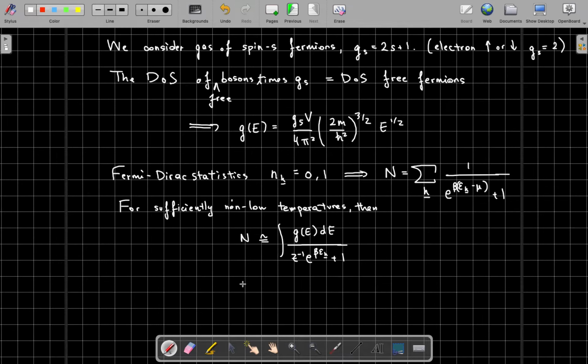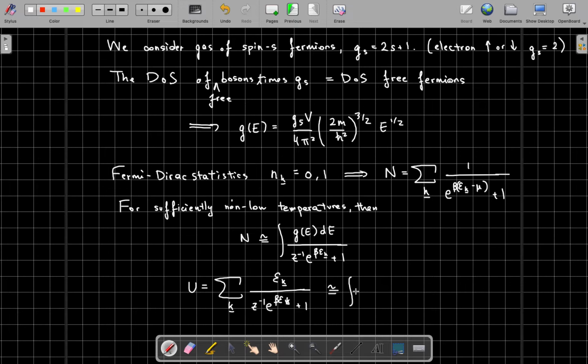And we can do very similar things with the energy. So the energy is again a sum, and of course intuitively all we have to do is add here e_k, and that will solve our problems. So a sum of e_k over z to the minus 1 e to the beta e_k plus 1, right?